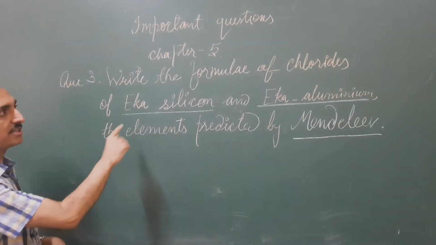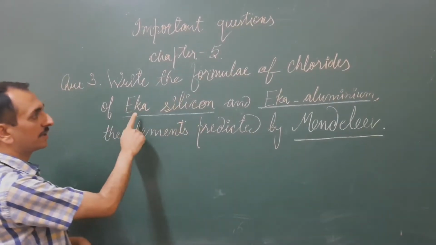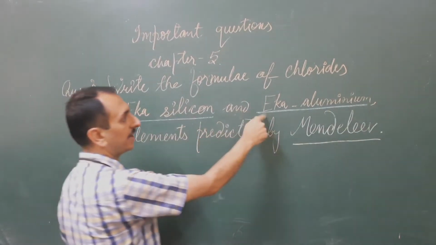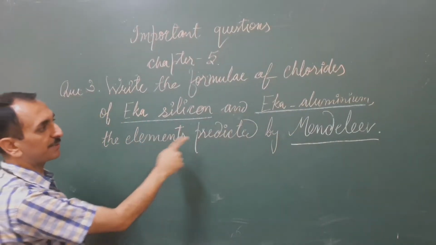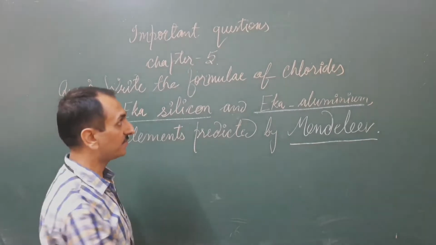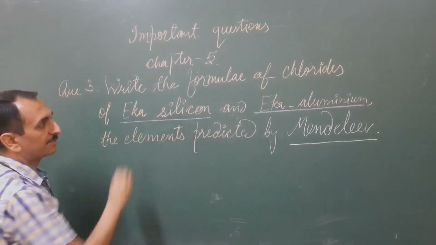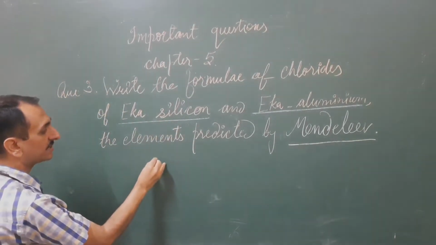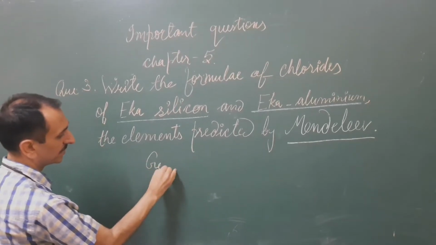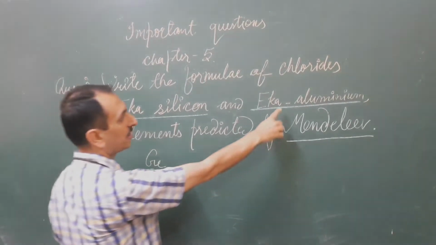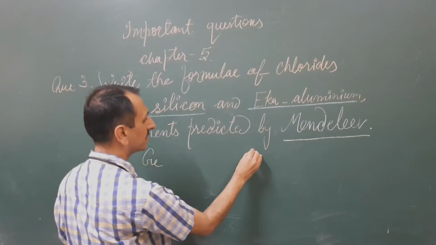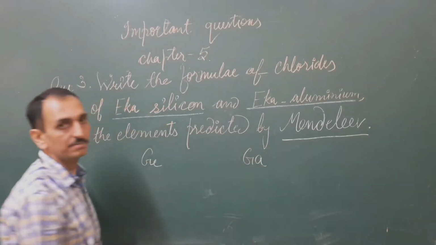Number 3. Write the formula of chlorides of Eka silicon and Eka aluminium, the elements predicted by Mendeleev. As we know, the predicted element Eka silicon is germanium and that of Eka aluminium is gallium.